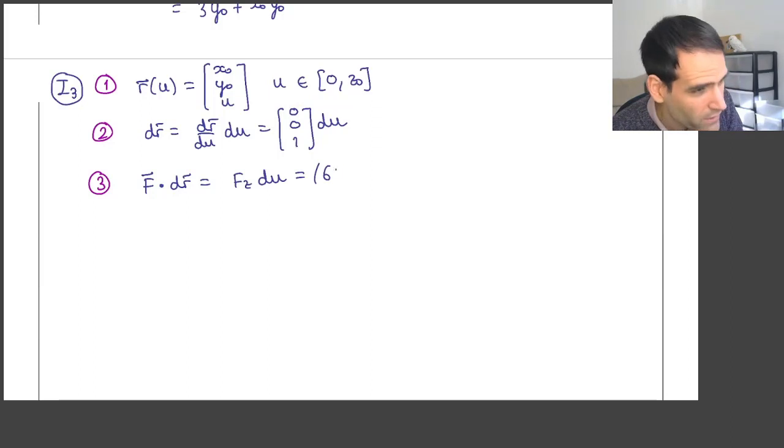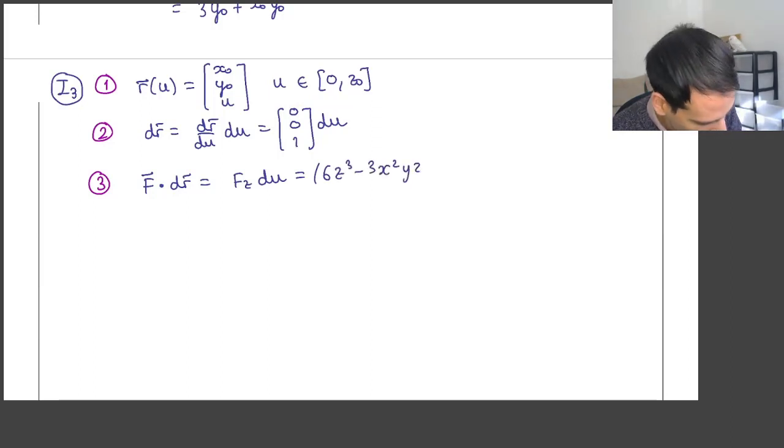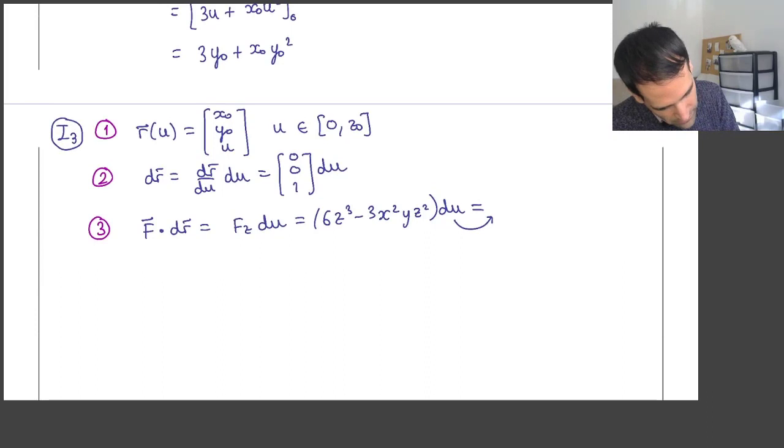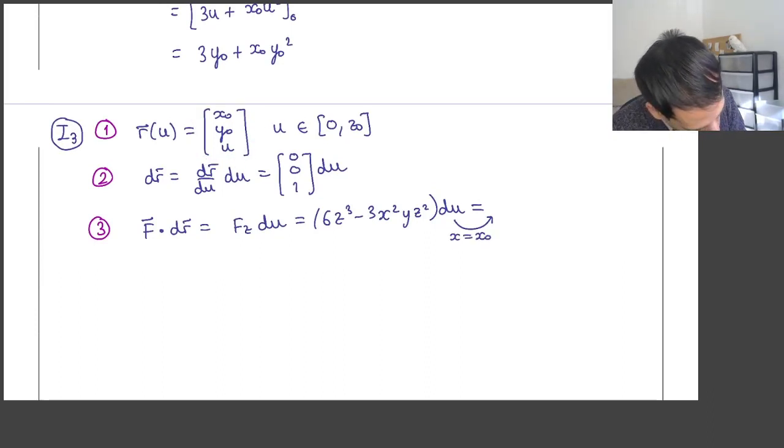It's equal to 6 z cubed minus 3x squared y z squared. But now we need to substitute x and y and z from the curve. So x is constant and equal to x0, y is constant and equal to y0, and z is equal to u. So what we get is 6u cubed minus 3x0 squared y0 u squared du.